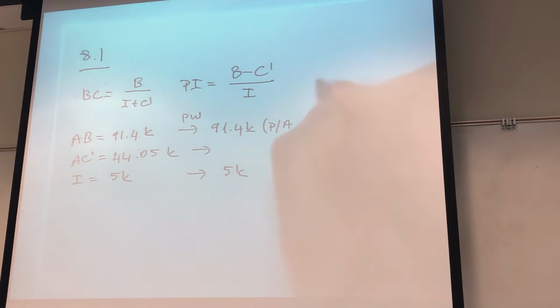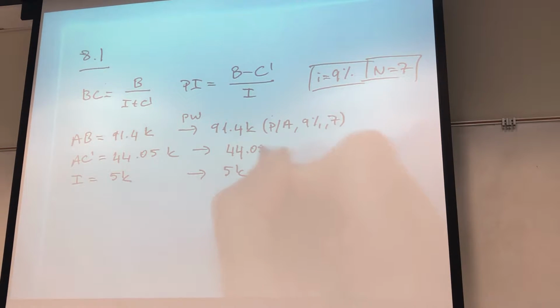Okay, let's look it up. 9%. The good part about this is you use the same factor. So P of A at 9% for 7 is 5.033, right?